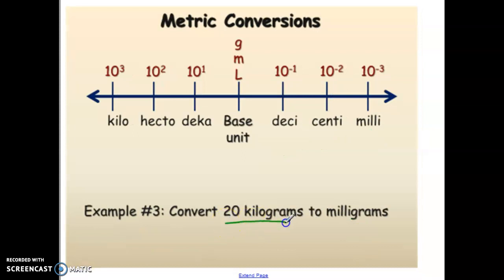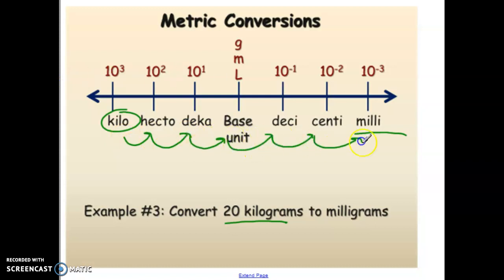All right, so here we have 20 kilograms. So we're starting here, and actually we want to go all the way down to milligrams. So in this case, we would have to move the decimal point 1, 2, 3, 4, 5, 6 times. So here are 20 kilograms, right? You would have to move this over 6 times.